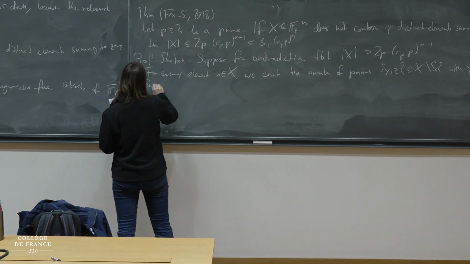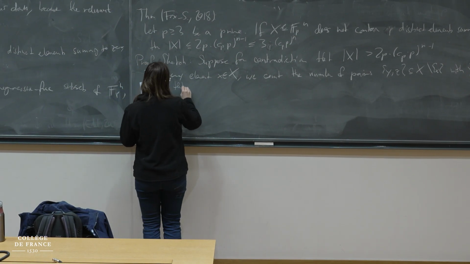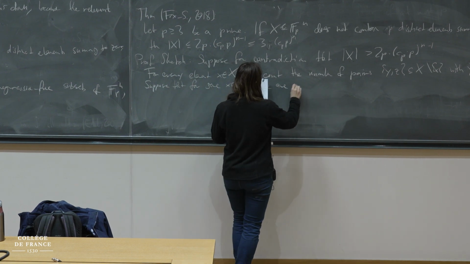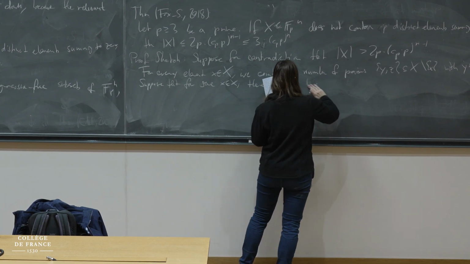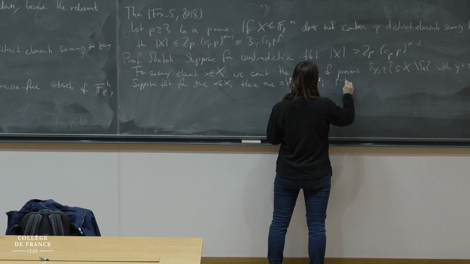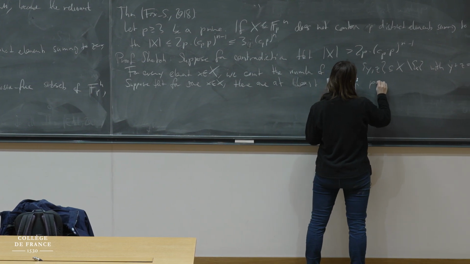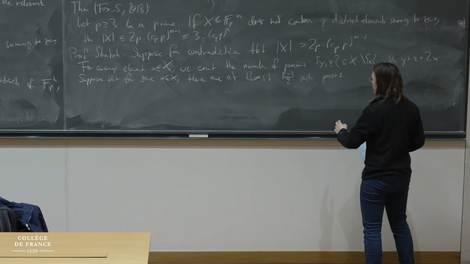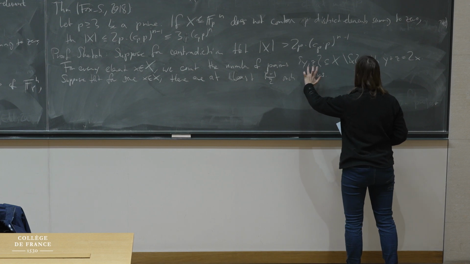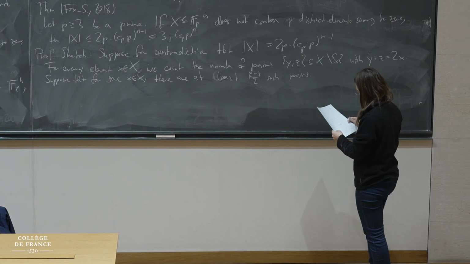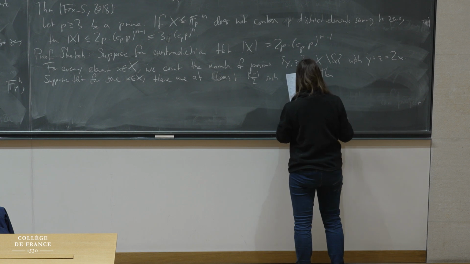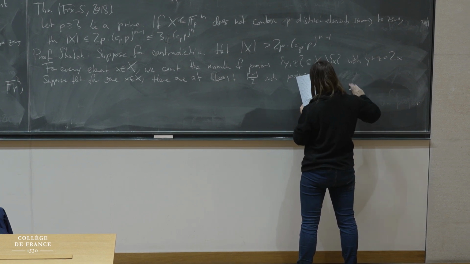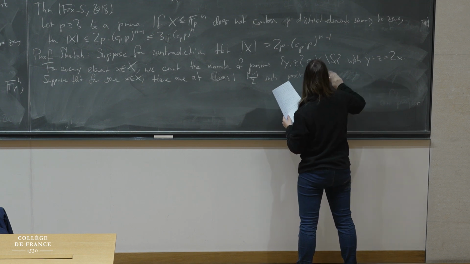So suppose that for some x in X, there are at least (p minus 1) over 2 such pairs. So let's assume that there is some x so that there are at least (p minus 1) over 2 different such pairs satisfying this equation. Then let's give these pairs some names.